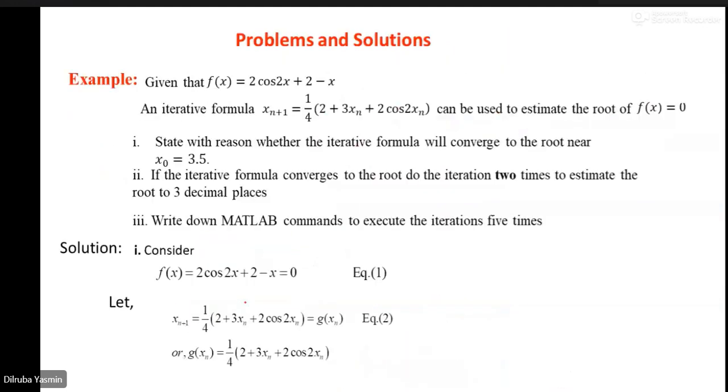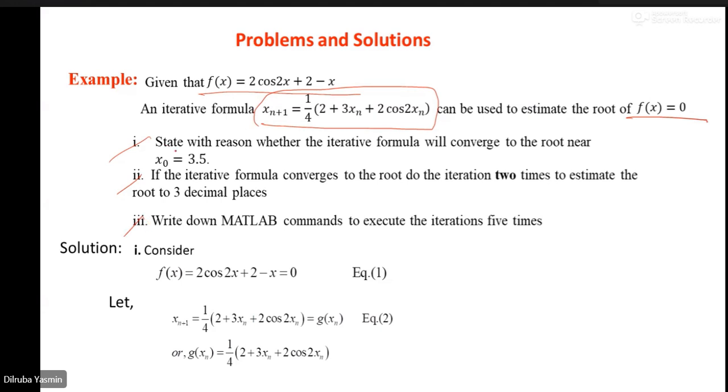Look at here, this is an example. Where you see the f of x function that is given to you and an iterative formula that is also mentioned here, that can be used to estimate the root of f of x equal to 0. And you have to read each sub-question very carefully.